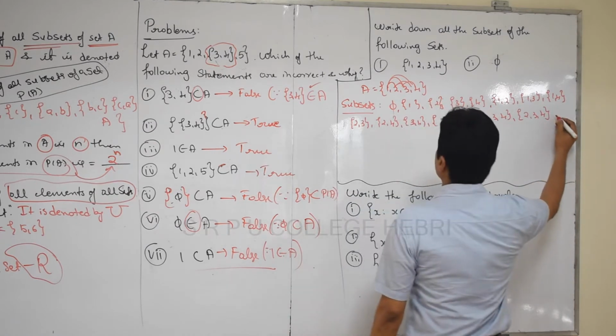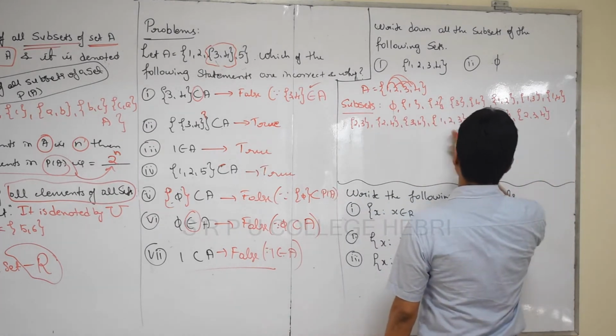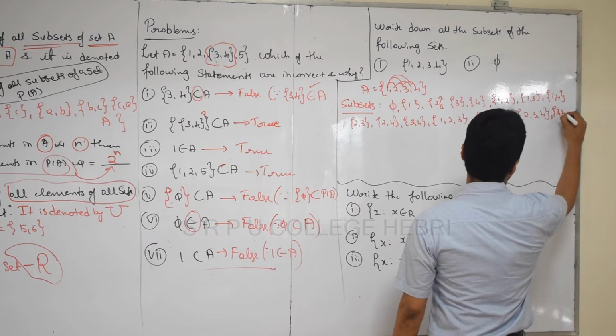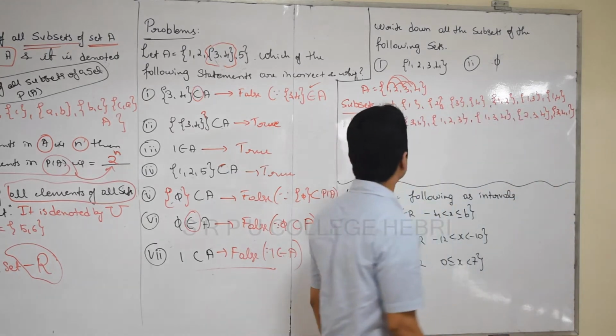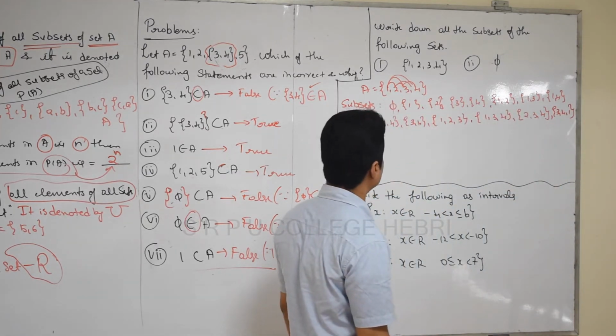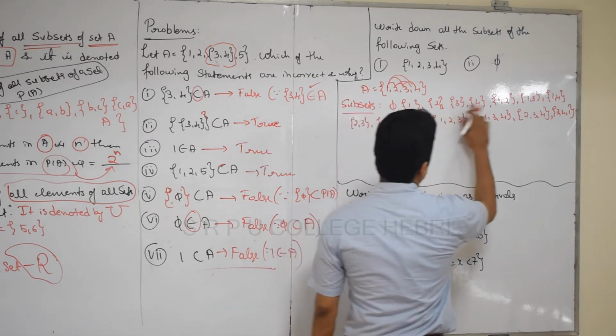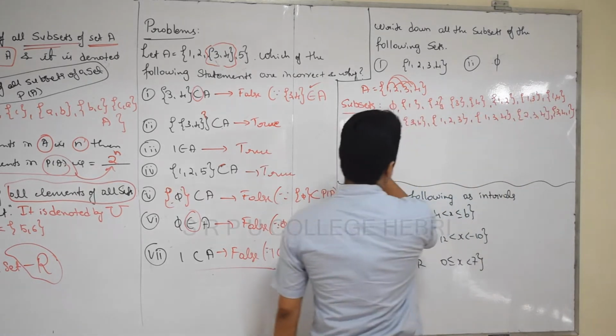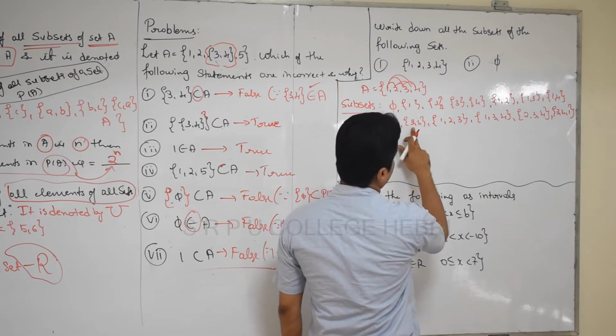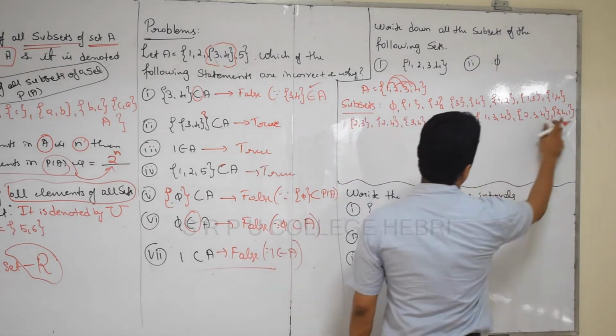Then {3, 4, 1}, that is already done. Any other possibilities? {1, 2, 3}, {1, 3, 4}, everything is done. {1, 4, 2}, yeah, it is there. Counting: 1, 2, 3, 4, 5, 6, 7, 8, 9, 10, 11, 12, 13, 14, 15, okay, done.